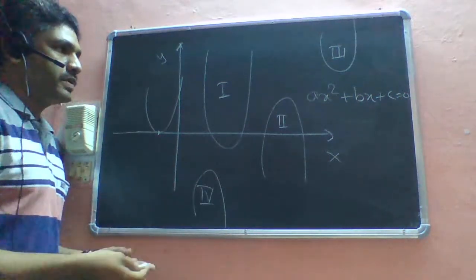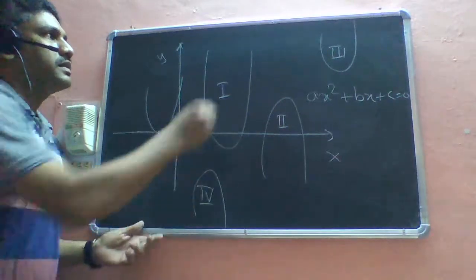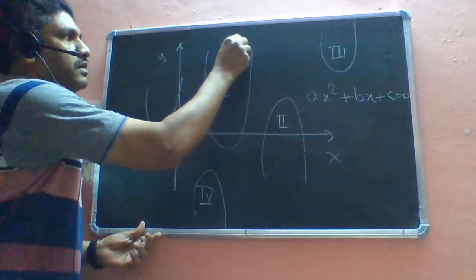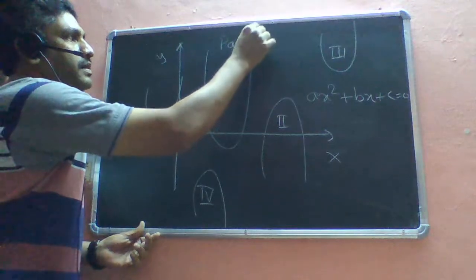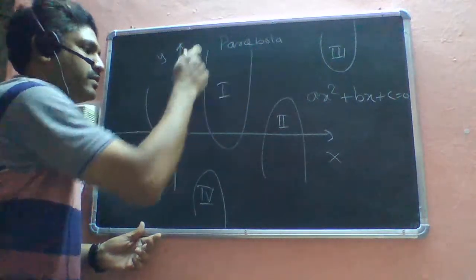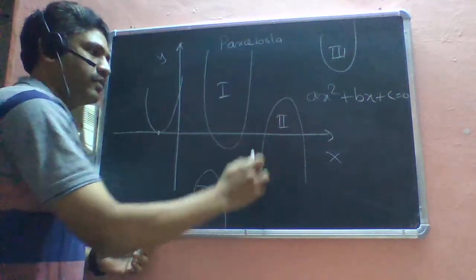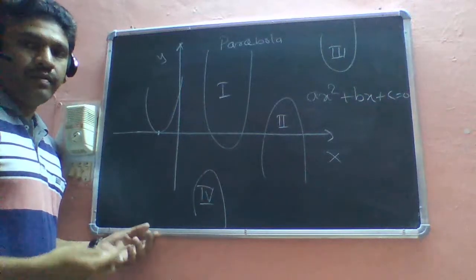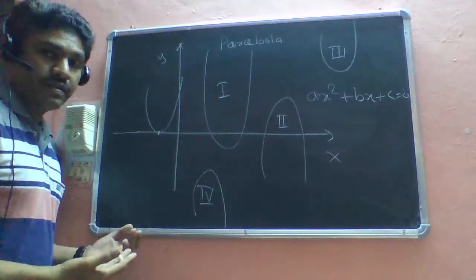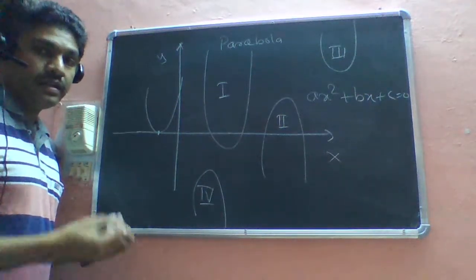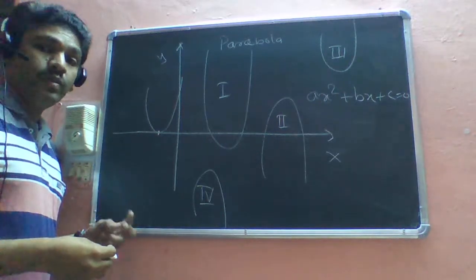Okay, this happens. This is also called a parabola. The graph is like a parabola, an open upward parabola and an open downward parabola. So whenever the quadratic equation comes, we must note that it has at most two zeros.